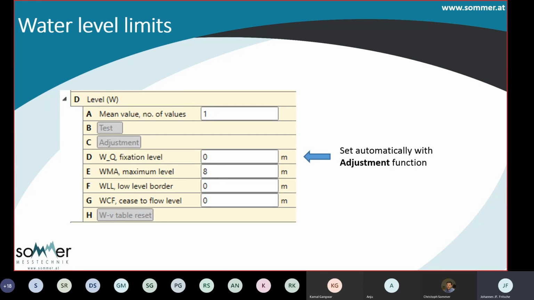And the fixation level of the sensor is set automatically as soon as you use the function adjust water level. With this function, you tell the instrument what water level you are measuring right now, and the Q Commander software will automatically change this setting to that water level.